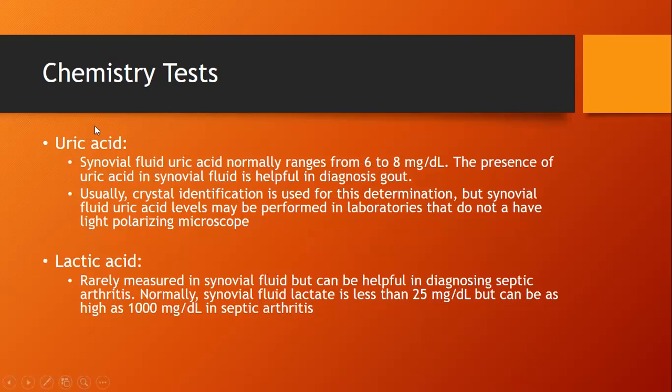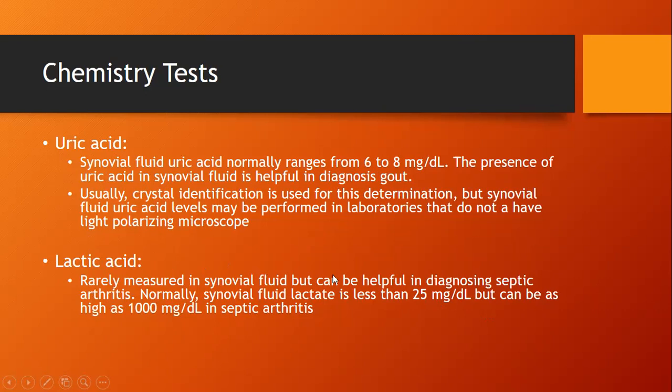We may also opt to determine uric acid levels. As seen, there are usually increased uric acid levels in gout. Normally it ranges from 6 to 8, and the presence of uric acid crystals in the synovial fluid at a higher level is helpful in the diagnosis of gout. Another chemistry test that we can do is determination of lactic acid level. This is usually helpful in diagnosing septic arthritis.